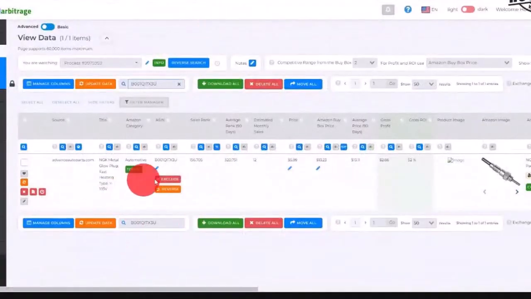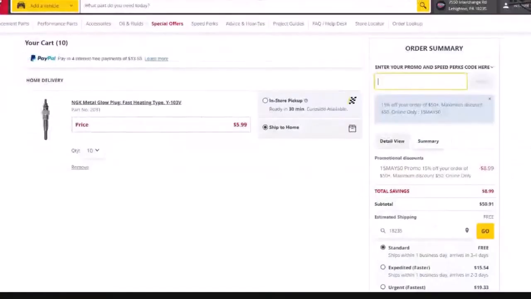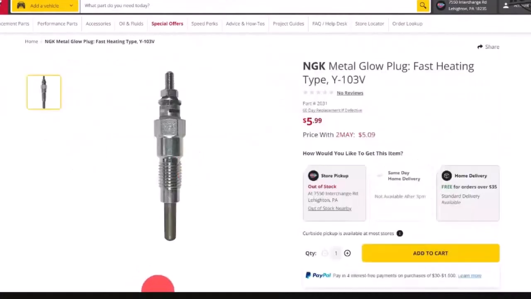So, same thing. Top 2%, sales rank 150,000, estimated monthly sales 12. You're going to pay about $6. Buy boxing at $13.23, making $2.66, a 52% return on investment, which is very good. And remember, we're taking this product at $5.99.